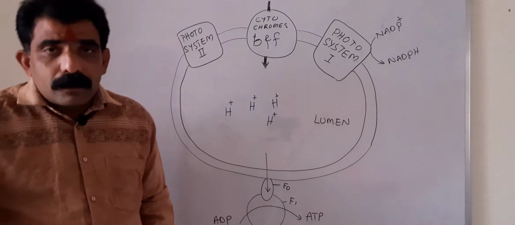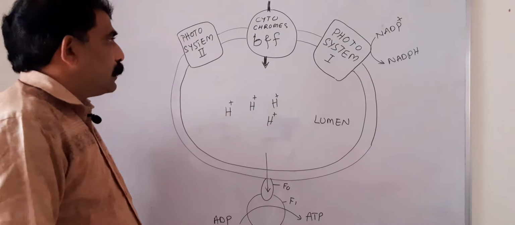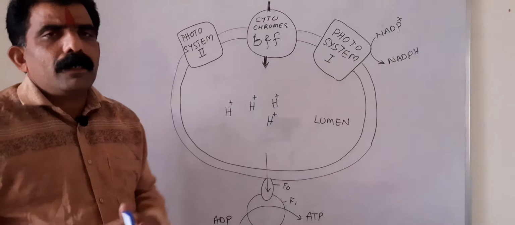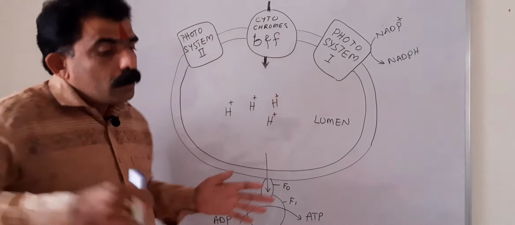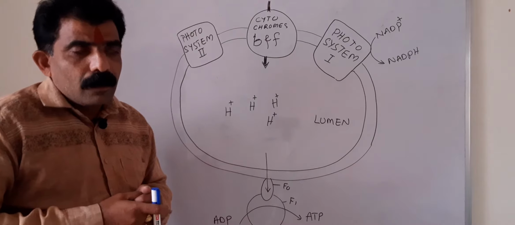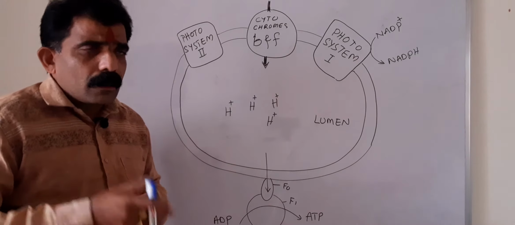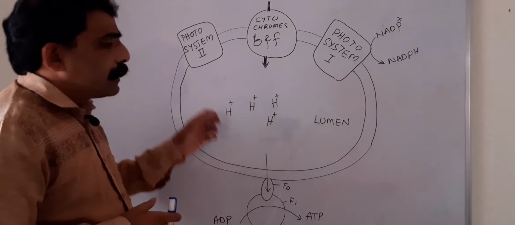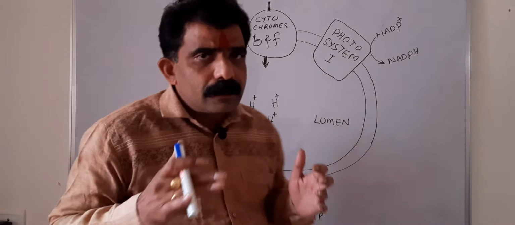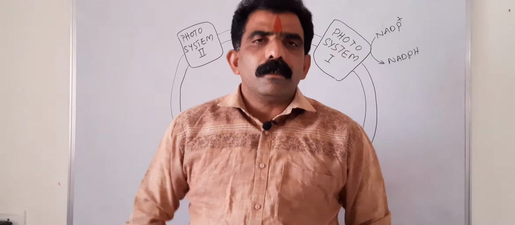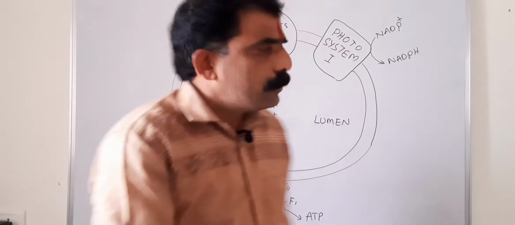Now the protons released in the photolysis accumulate in the lumen itself, because this OEC is located towards the lumen side. Hence the protons generated by photolysis are accumulated in the lumen. This is a cause for the increase of the proton concentration in the lumen.